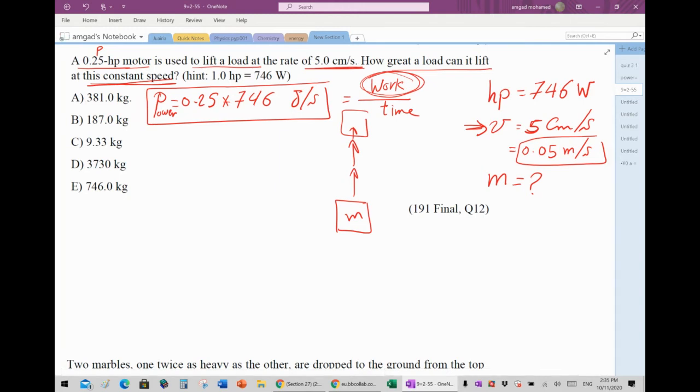We studied this one two lectures ago. To lift a mass against gravity, a certain height h, the work done equals mgh. So this is the work needed to lift a certain mass a height h.